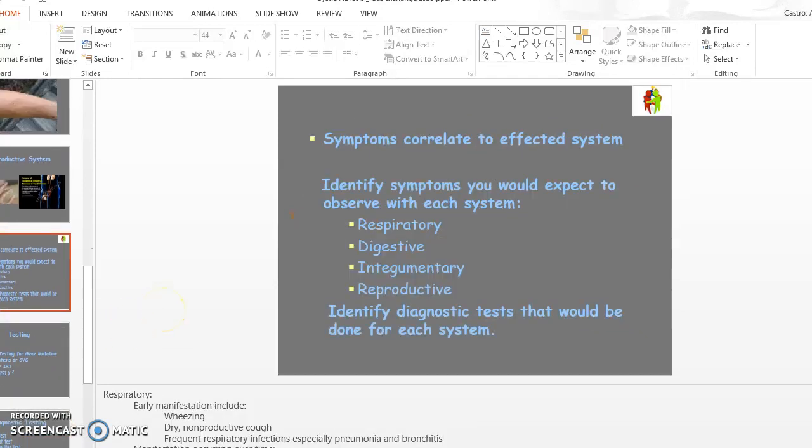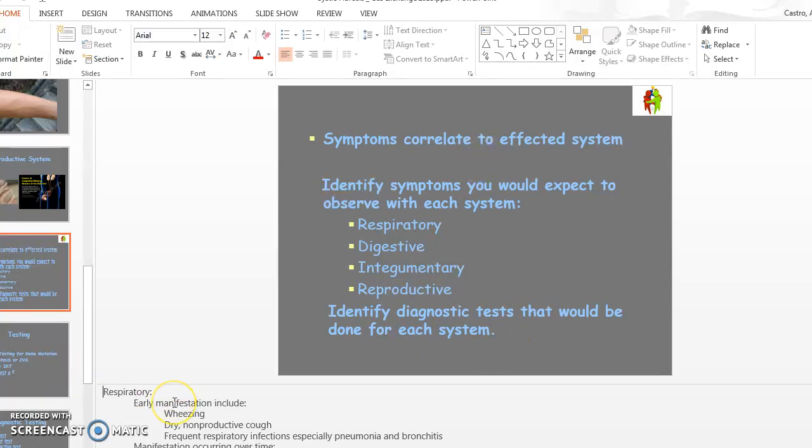So remember, really quick here, that each symptom correlates to the affected system. So think about thickened mucus and where you have mucus, where you excrete salt, like the skin, or water that's going to have sodium and chloride in it, and what do you think is going to happen to that?